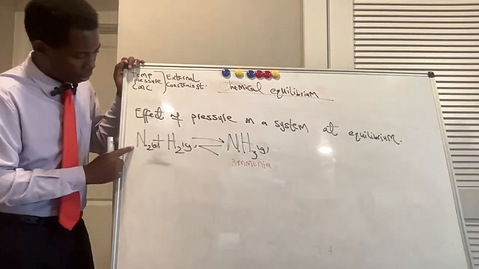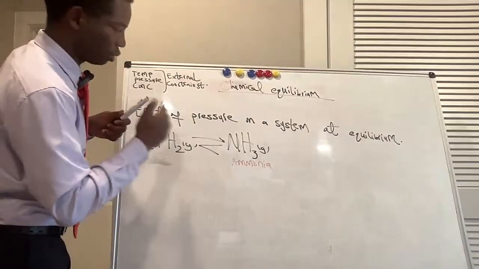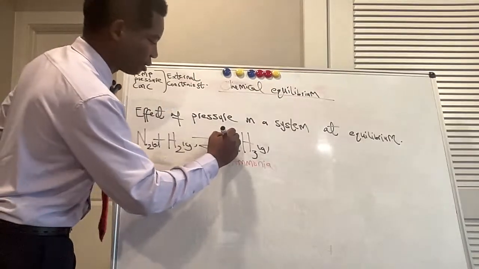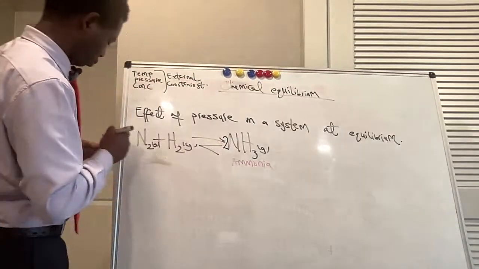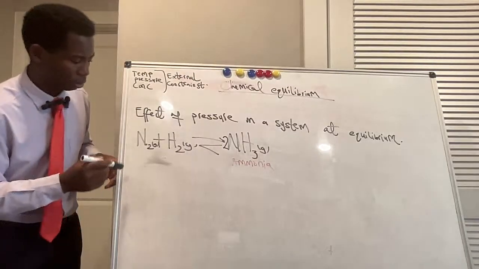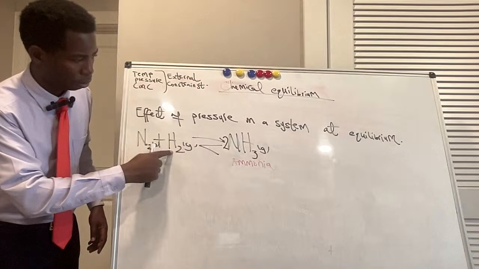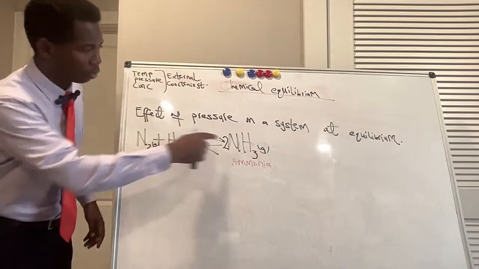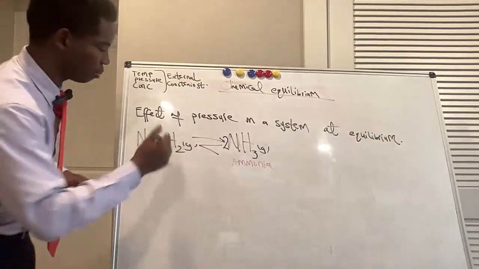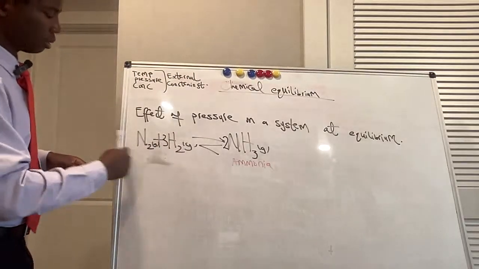Now before we continue, let's balance our reaction. Nitrogen, 1 here, we have 2 nitrogen here. So let's make this 2, since we have 2 nitrogen on our left hand side. Now hydrogen 2, hydrogen 6. So let's add 3 here. So let's start again.